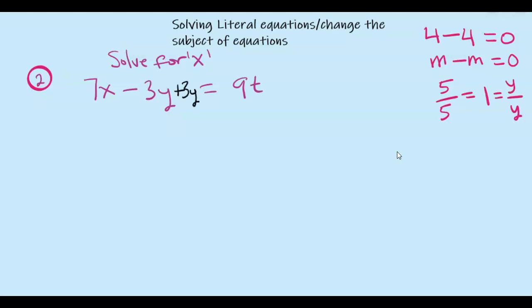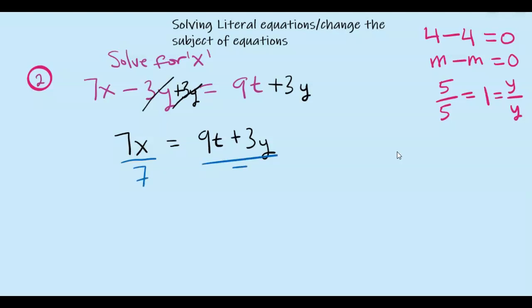We have to add the opposite so that there will be 0, and we have to repeat the same thing here. This turns to 0, plus 7x equals 9t minus 3y plus 3y. Here we need to get rid of 7. It's multiplying, so we are going to divide so that it will turn into 1. We divide here by 7, and we repeat the same thing here.